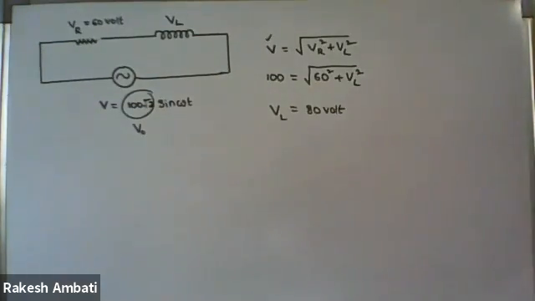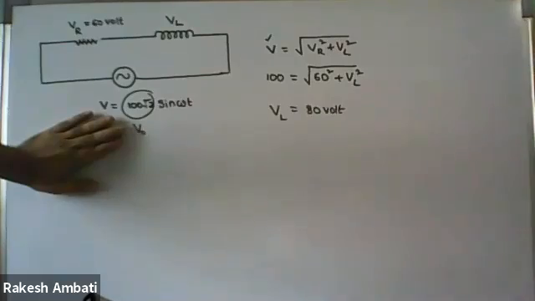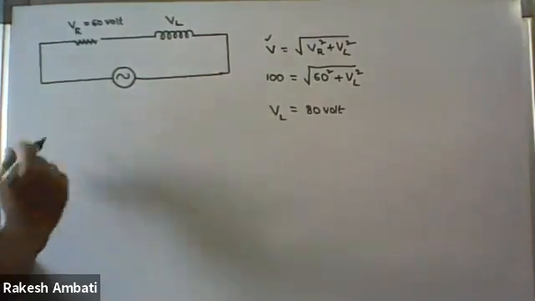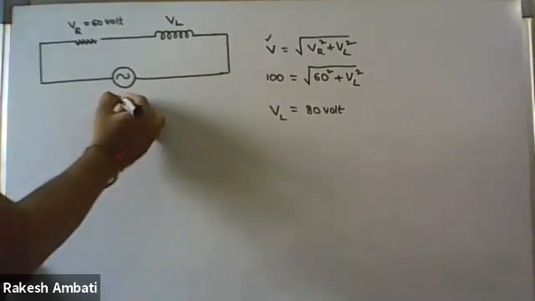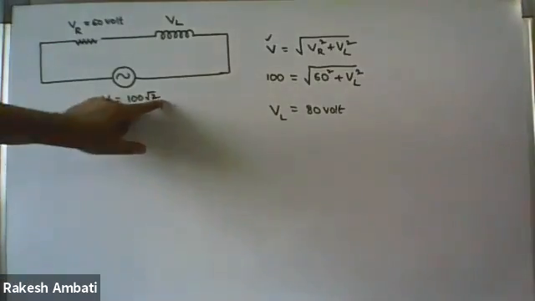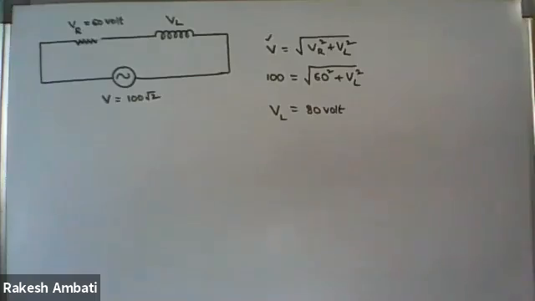Sir, instead of giving the V value below the circuit, if it is given in the question only, which to consider VRMS and which to consider peak value? For example, if this equation is not given, and simply V equal to 100 root 2 is given, is this reading taken as peak value or RMS value? RMS.